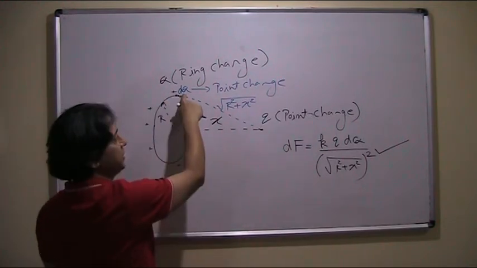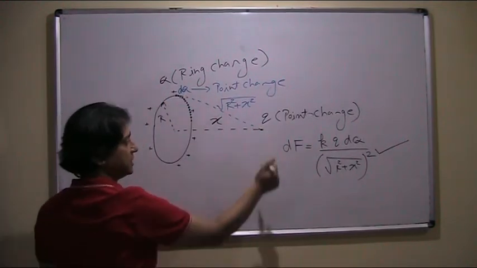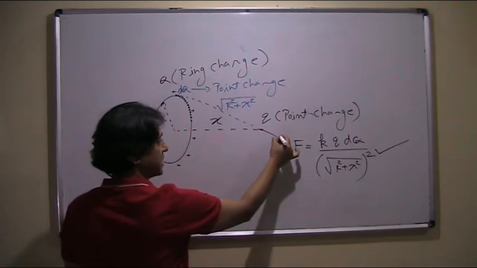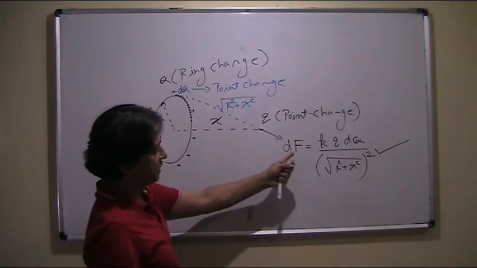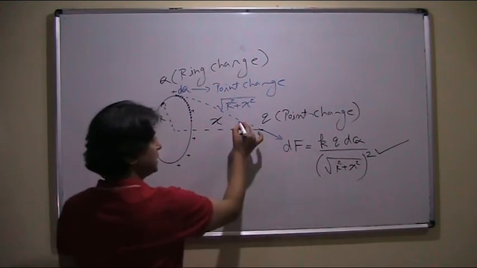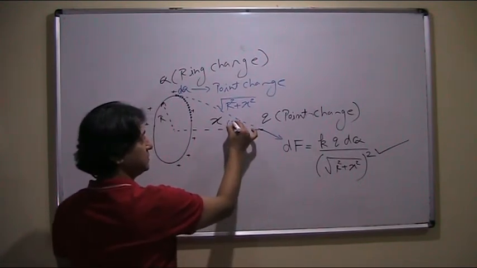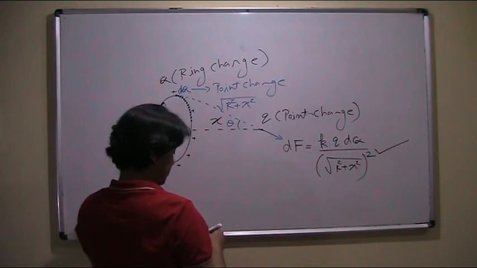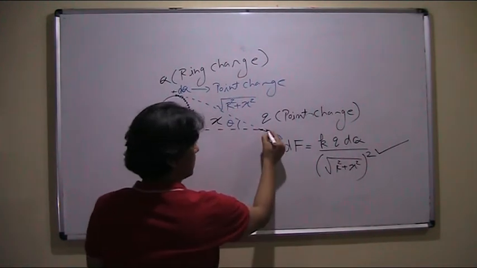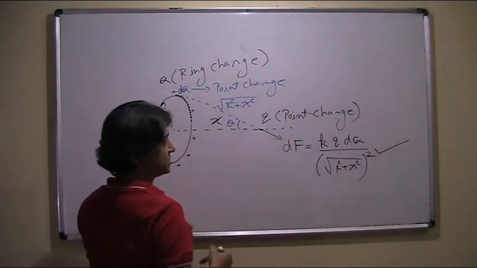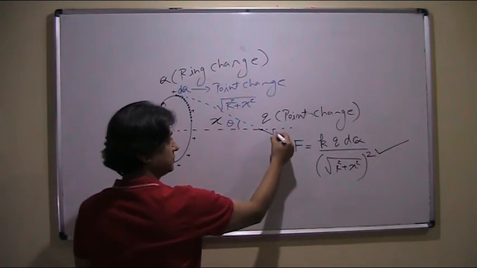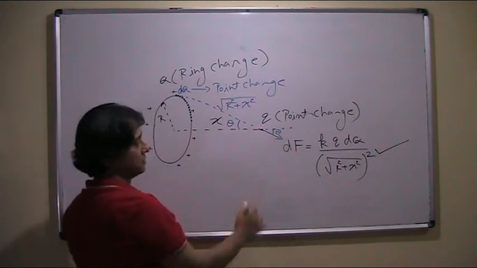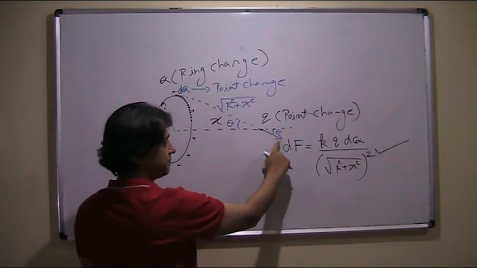This force of dq on this q is pointing in this direction. That's your dF. If this angle is theta, then this angle is also theta, the opposite angle. Now take components of dF.